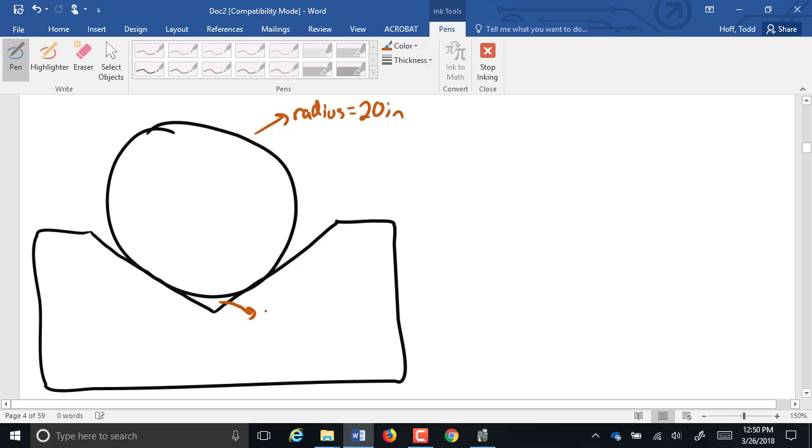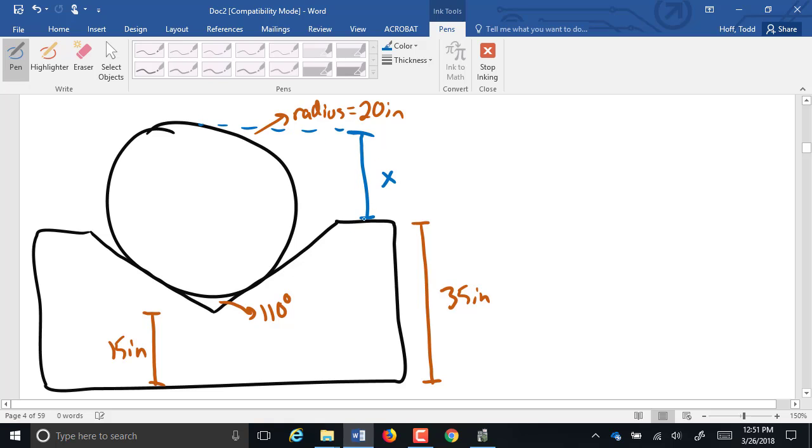Let's make this angle here 110 degrees. Let's make this distance here 15 inches. This distance here 35 inches. I want to know X here. How far does that round piece stick out above the surface of that block? Assume everything is symmetrical here.